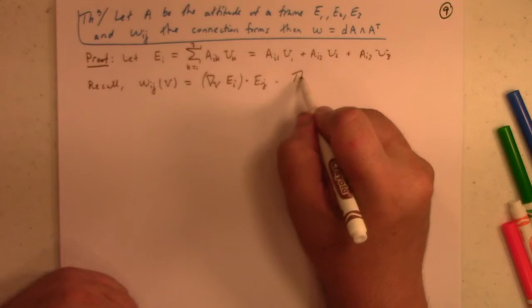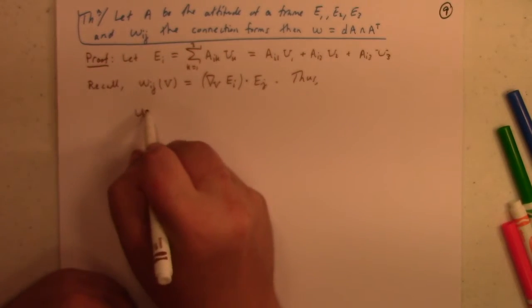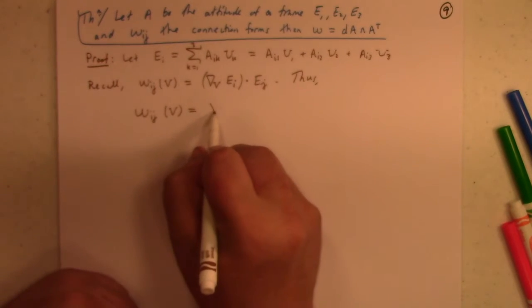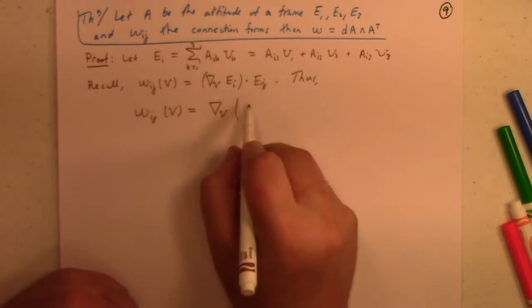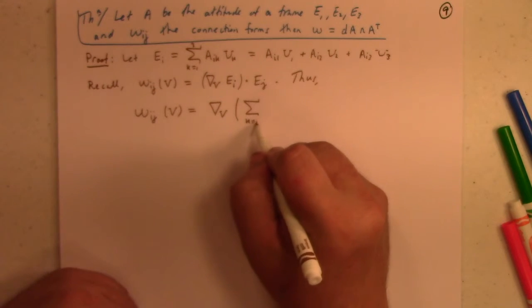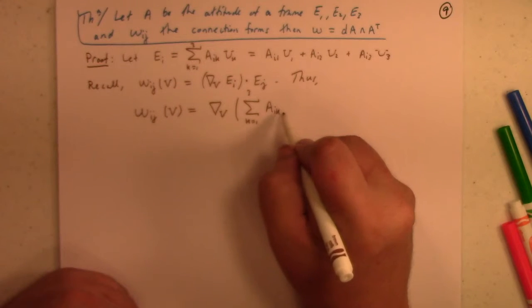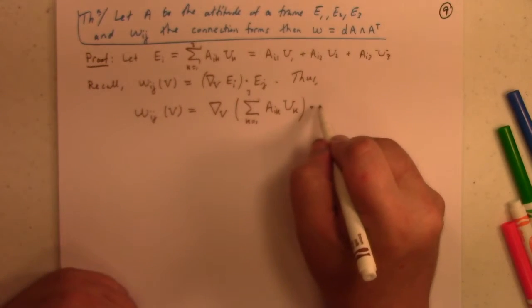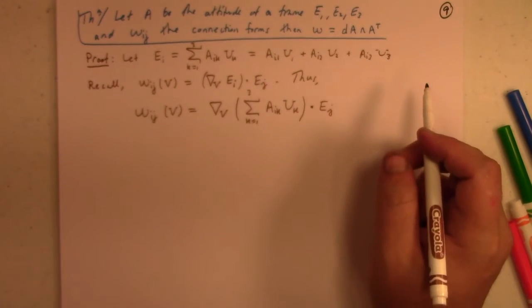So we start with our omega ij of V. That's the covariant derivative in the V direction of the sum, k equals 1 to 3, of A ik Uk, dotted with Ej.